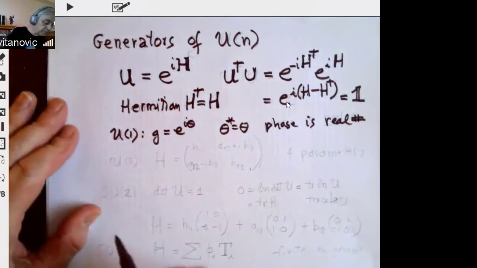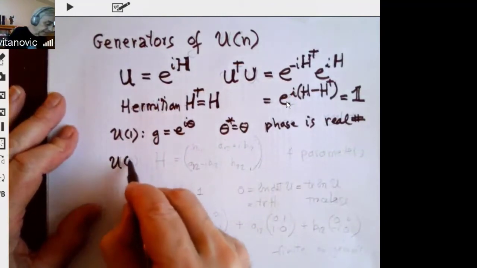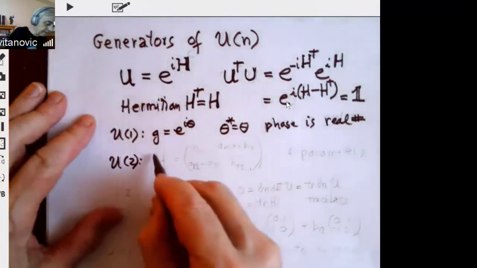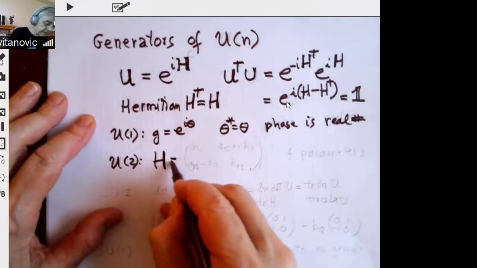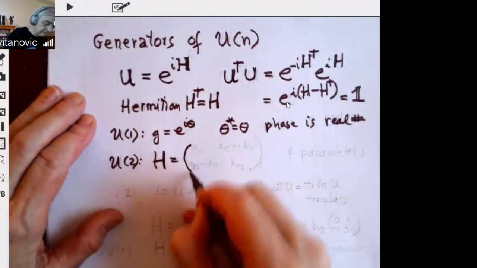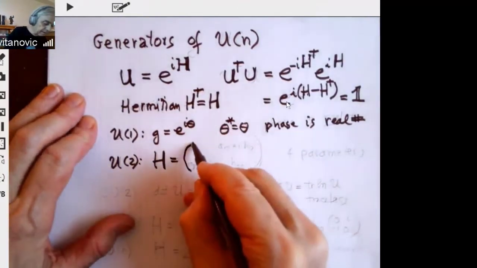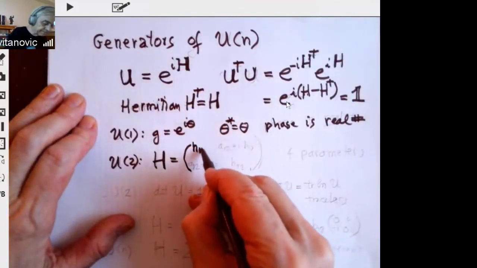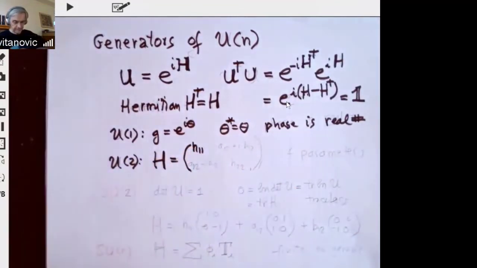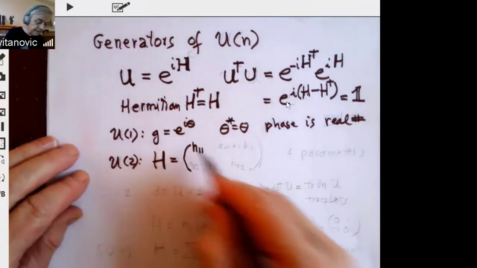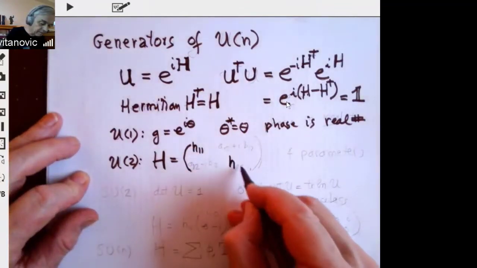Now for U2, let's test this. A Hermitian matrix says that on the diagonal, I transpose diagonal elements, but I complex conjugate them, and that has to be the same number. In other words, the diagonal has to have real numbers.